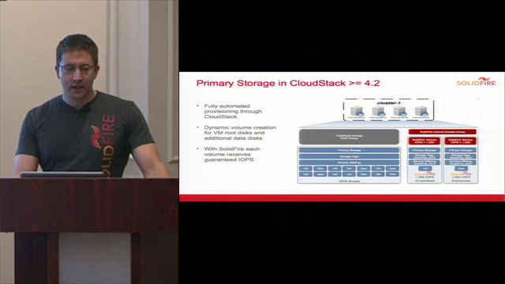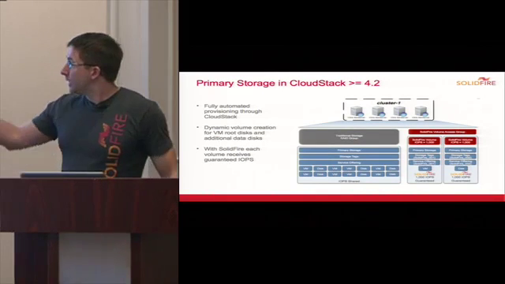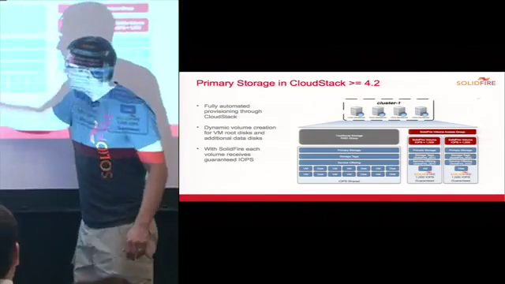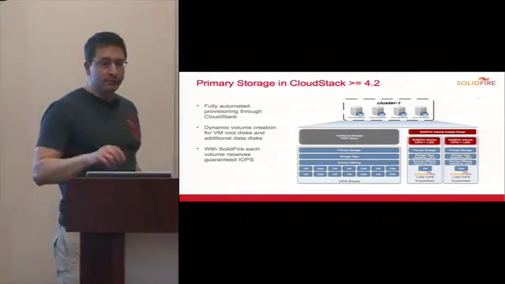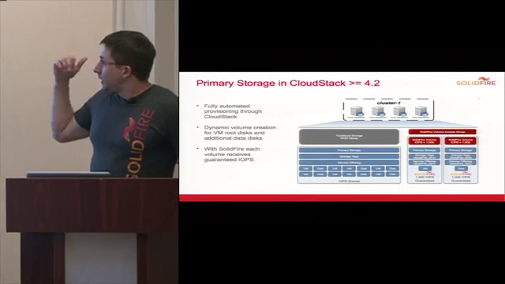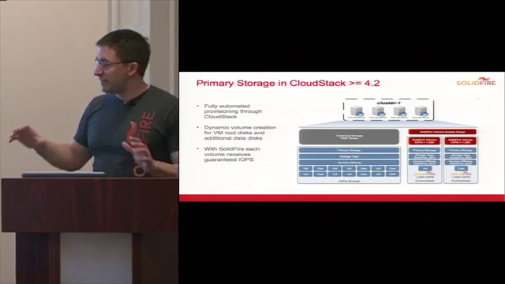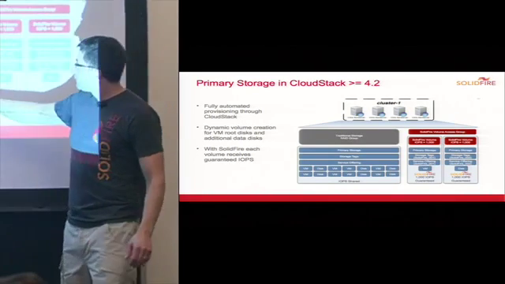Okay, moving on. To sum it up, this section right here is sort of what we just described. That's taking your large LUN, creating a storage repository, and then sticking a whole bunch of virtual disk images on it.